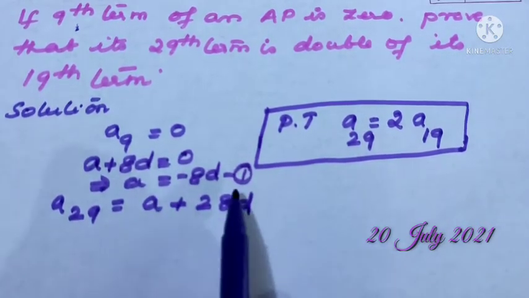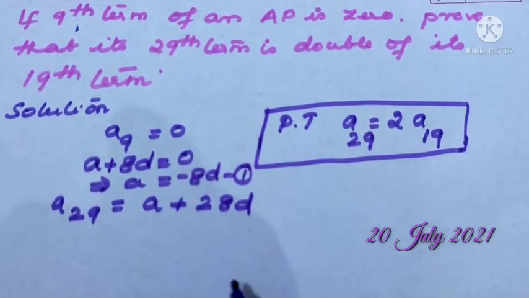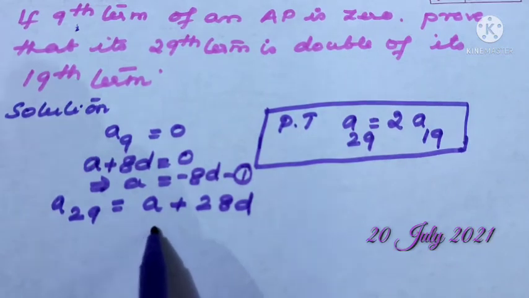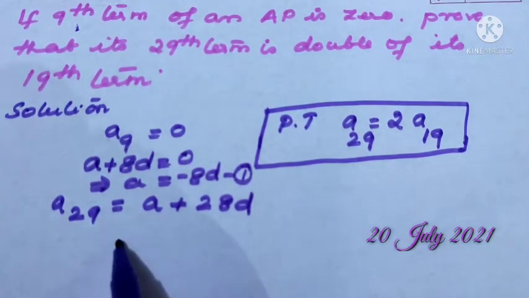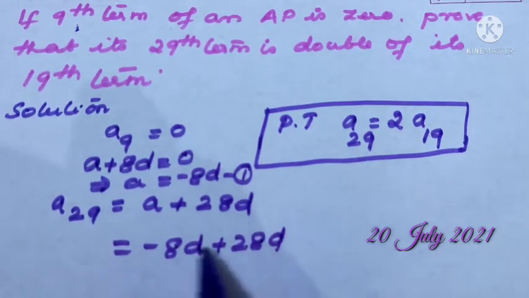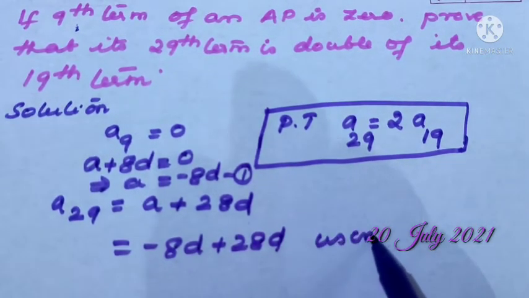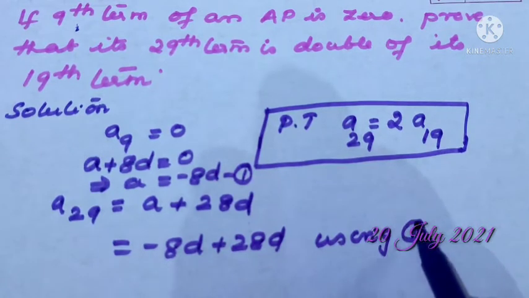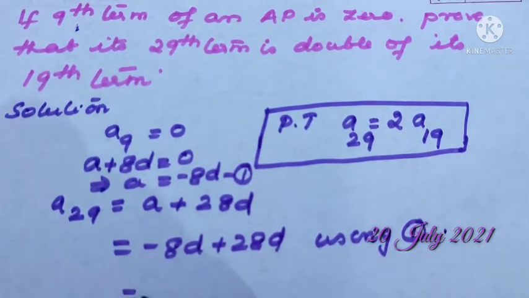So A equal to minus 8D I got. Now here A29 equal to A plus 28D. So minus 8D plus 28D. How did I get this minus 8D? Using 1. So it is equal to 20D. A29 equal to 20D only.